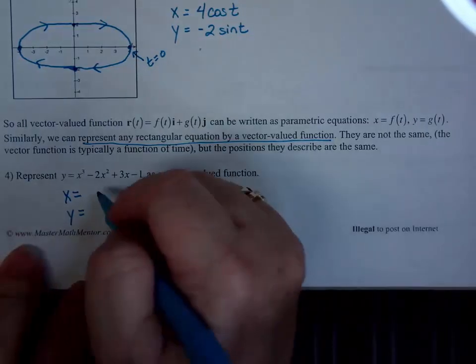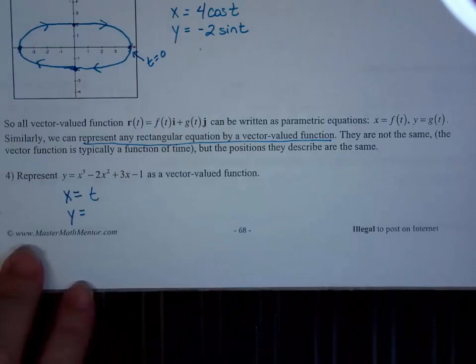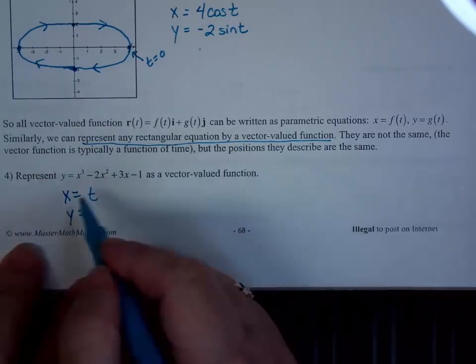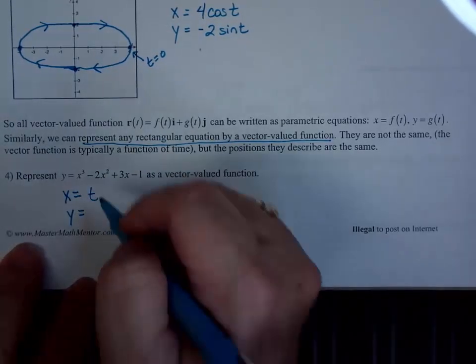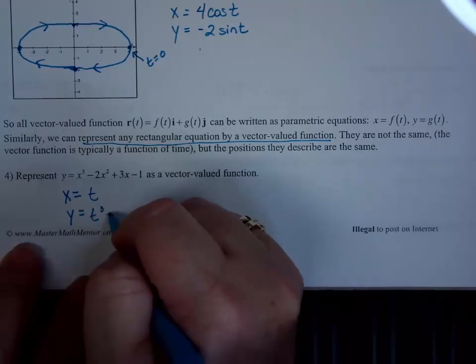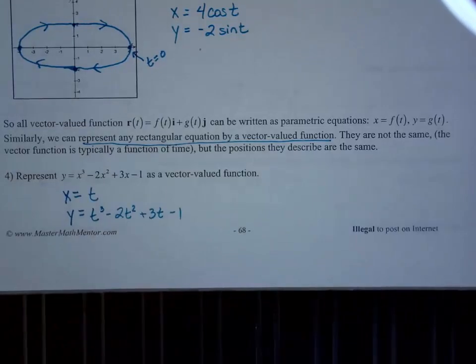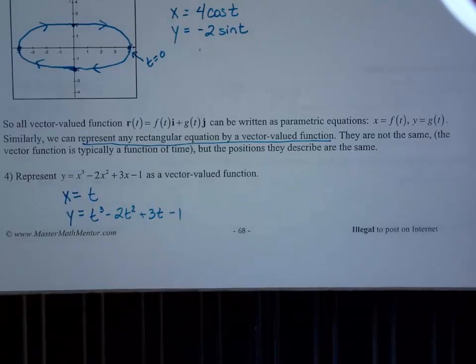So the first thing you do is you say x equals t. There's more than one way to write a parametric equation. This is the easiest way. x equals t. Now write the y equation with all t's. So it'd be t to the third minus 2t squared plus 3t minus 1. Done. That's parametric form.